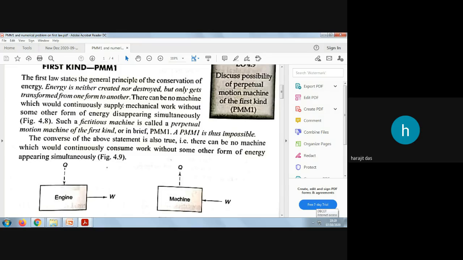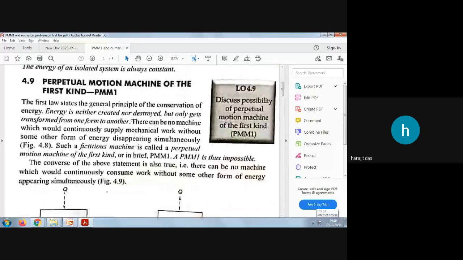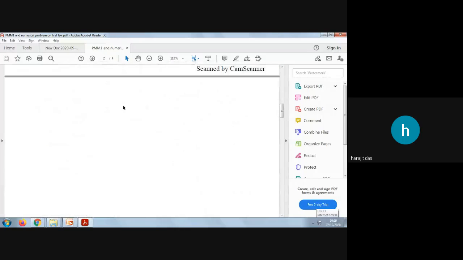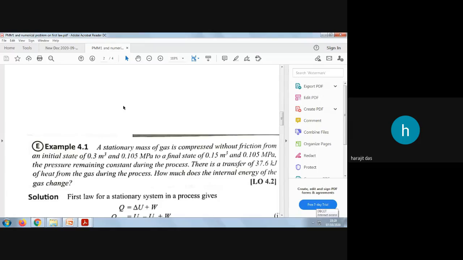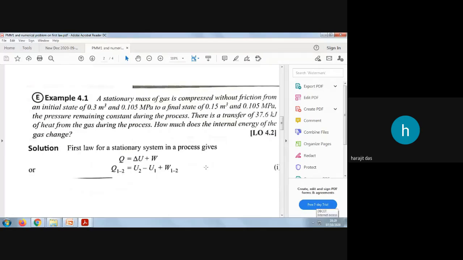Understood? So after these two things, we can apply the first law of thermodynamics to a system. We will take one numerical problem. But before that, I want some feedback from you: are you getting what I am teaching, students?